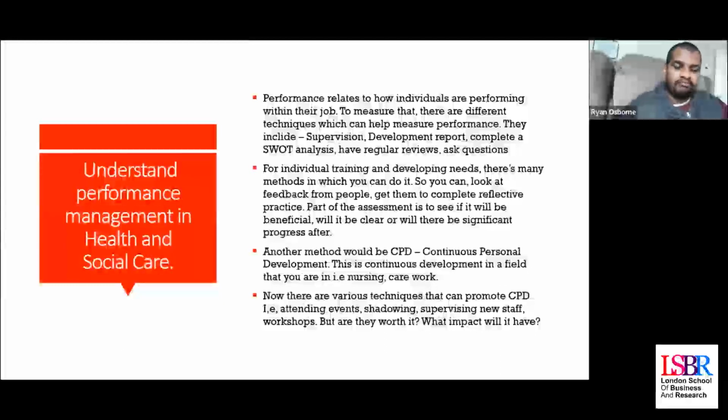You're basically looking at it and saying, okay, this is what I did. This is what I didn't do. And also this is what I feel I can contribute next, and also what I feel I need help and support in. So reflective practice is good for you to reflect on your job and on your role.